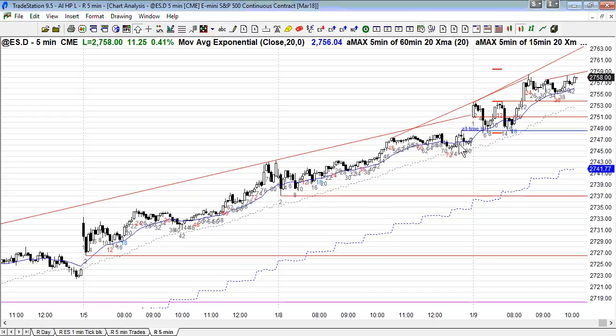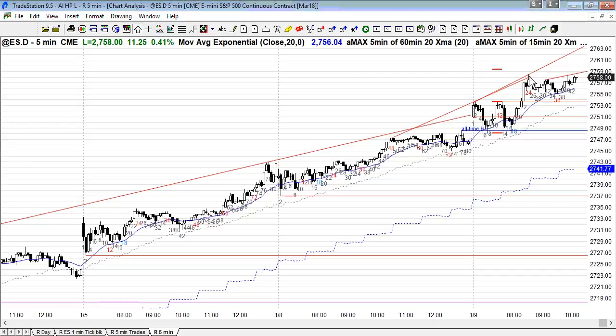Yesterday was a trending trading range day, but a big gap between the upper range and the lower range. Today, so far, is a trending trading range day with a small gap. And if the bears can keep it from getting much higher, then the odds are we'll pull back below the 13 high. So this is important, what's going on here.